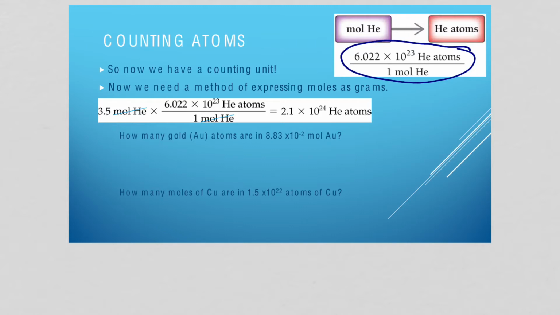So we have this counting unit, this conversion factor, that allows us to move between moles and individual items.